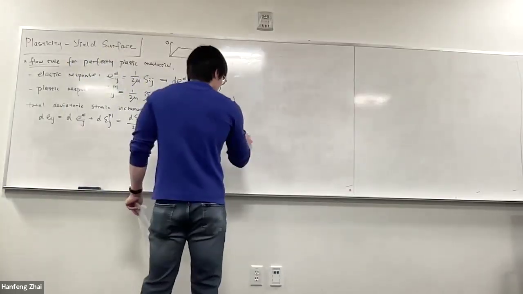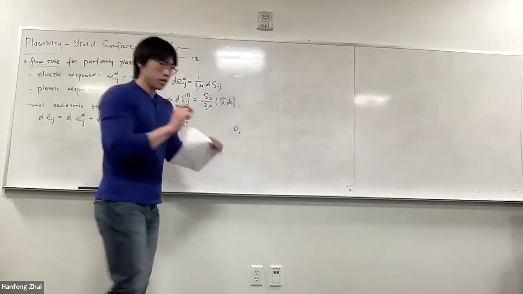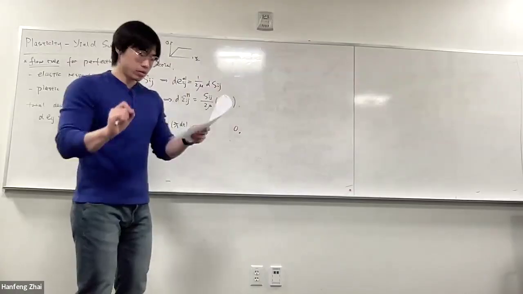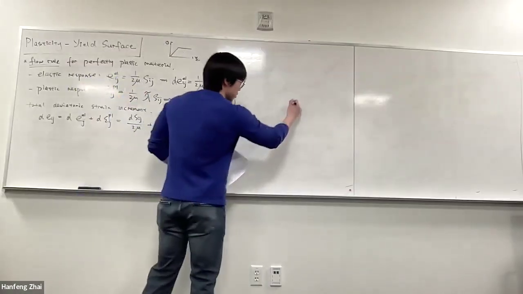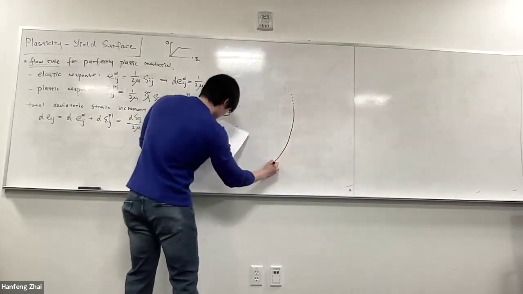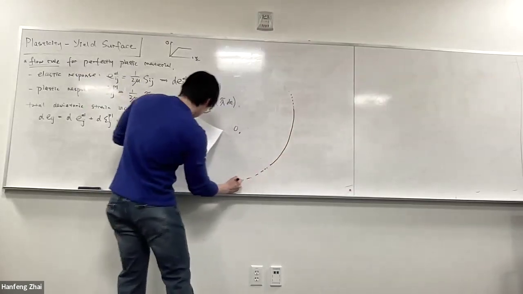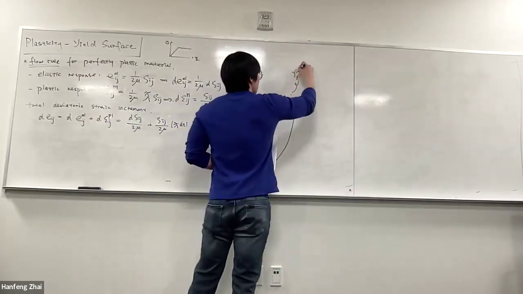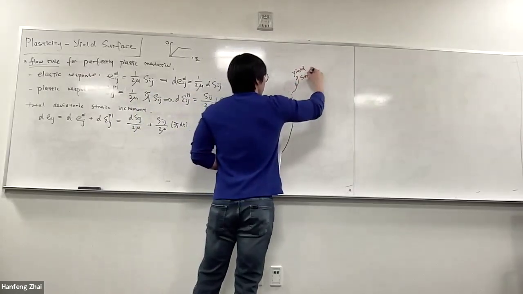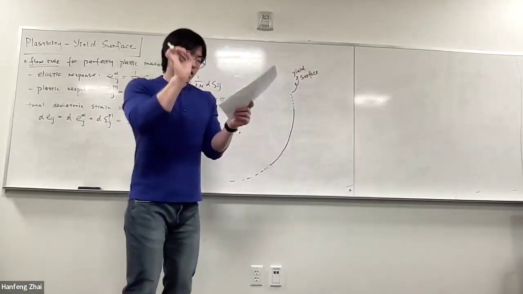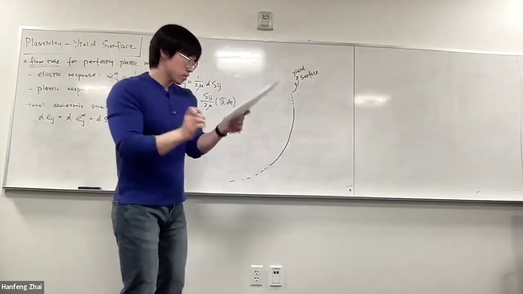So now let's say you have an origin, right? And then you have a stress path to load this material. And now let's say this is a yield surface. Now you're going to start to load this material by incrementally adding stress.